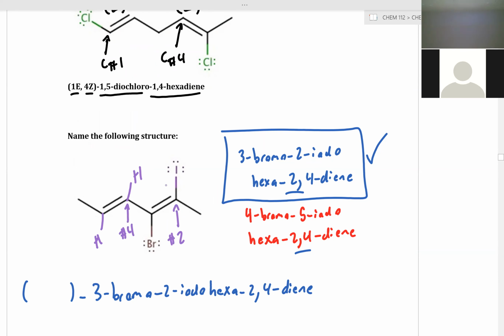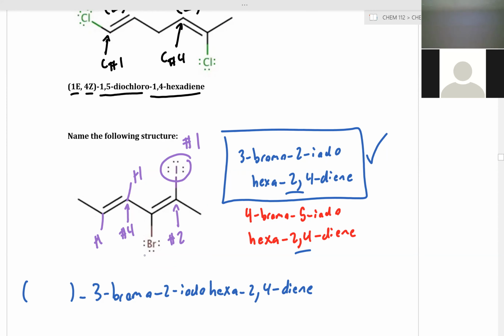Now, looking at the alkene at carbon number 2, what is higher priority, iodine or carbon? Which group wins out, iodine or carbon? Iodine, okay, so we'll put a number 1.